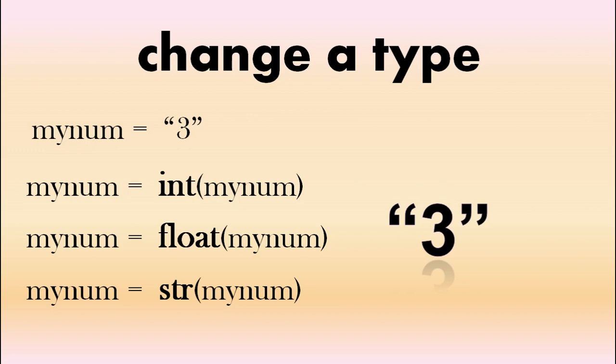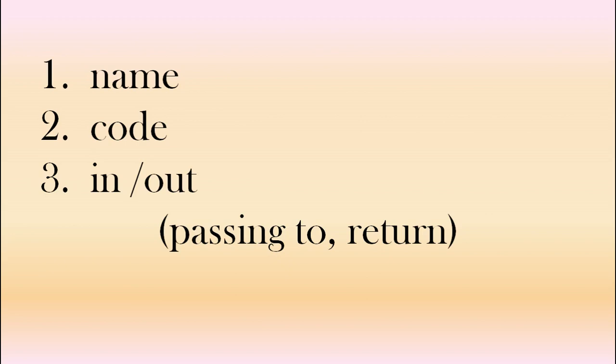So how do you build a function? Well, give it a name, put your code inside it, and don't forget what's going to go into the function, what are you going to send to it, and what's going to come out. So what are you going to pass to the function, and what is the function going to return? So here's the outline of a function.